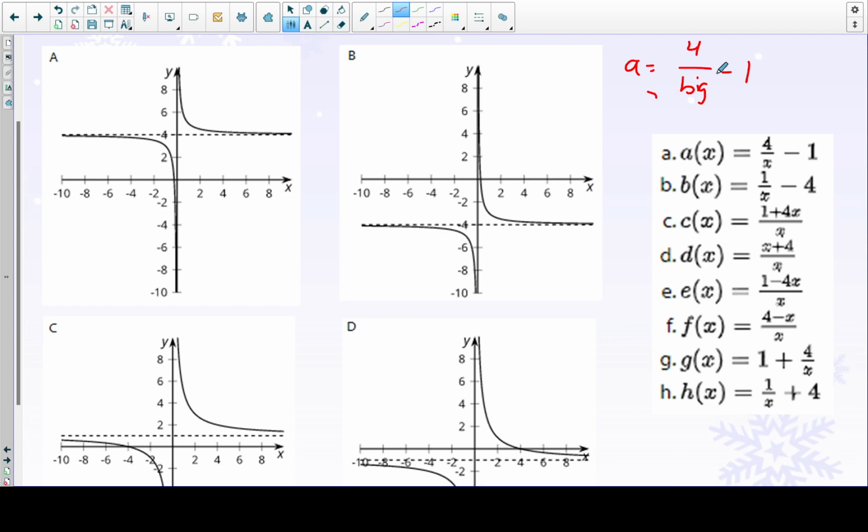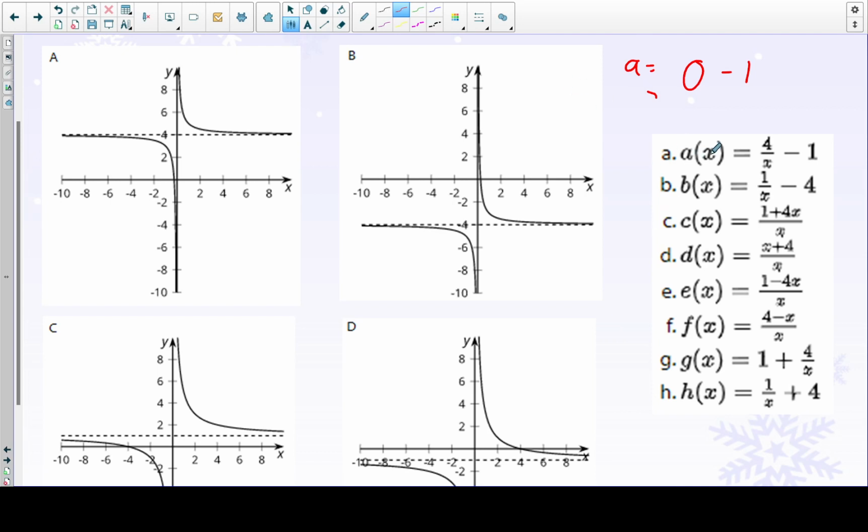This 4 over big is going to get replaced with 0. 4 divided by big is essentially 0. In fact, it's so close to 0 that we might as well just say it's 0. And so what's the value? -1. That is the horizontal asymptote.